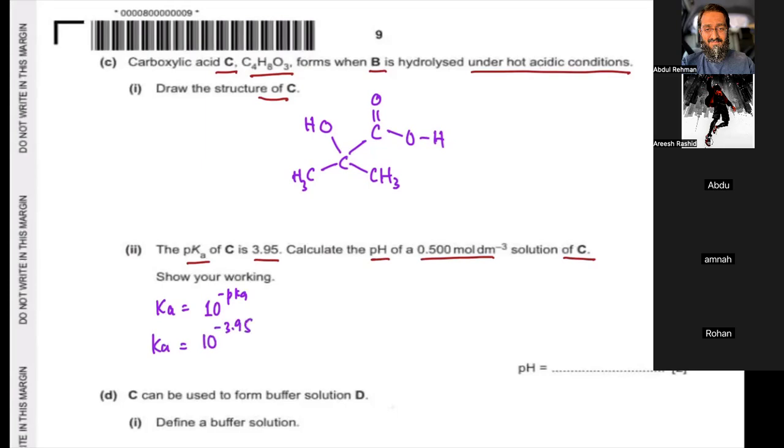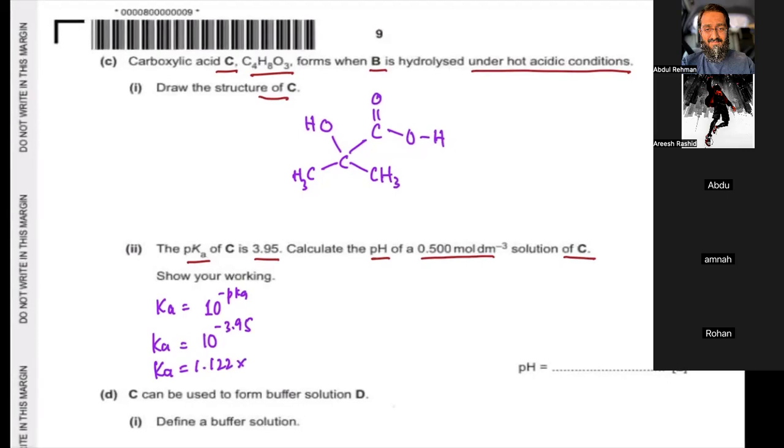Yes, Faizan, very good. So we got the Ka value, which is 1.122 exponent minus 4.